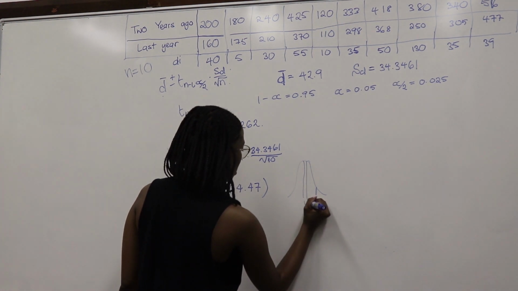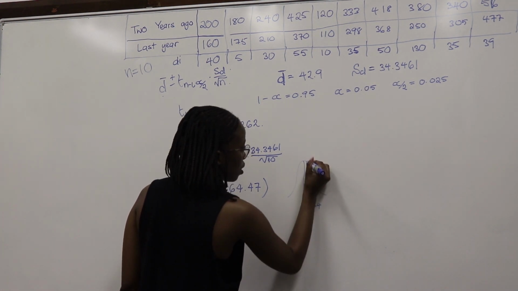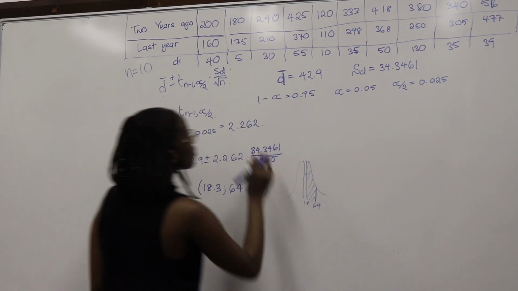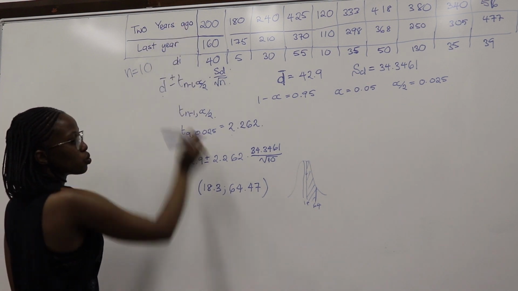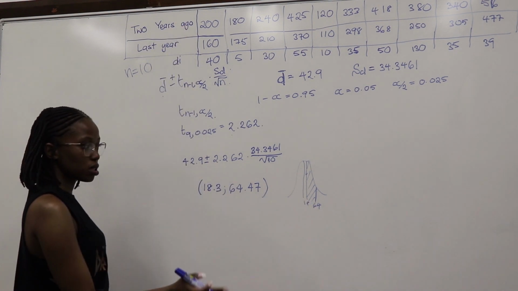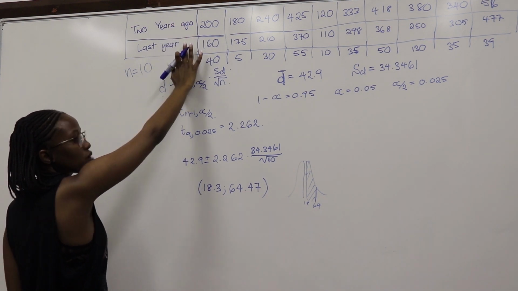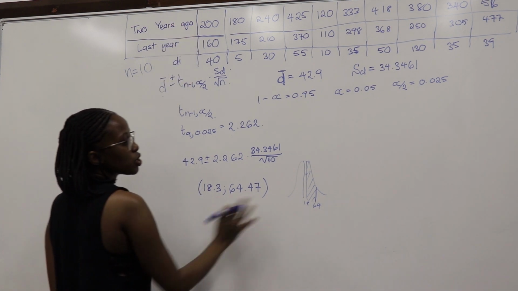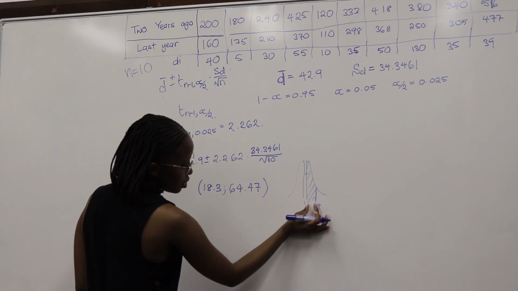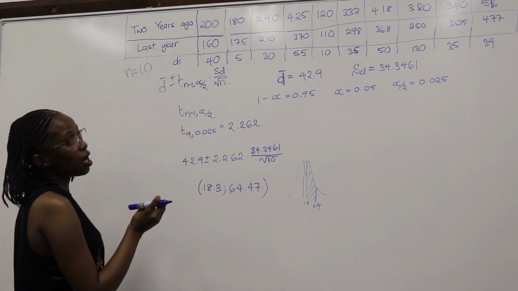So this would be our 18, this would be 64. The difference between these two will be somewhere in here, which means it's positive. That implies that the mu from here is greater than the mu from here. And since we don't have 0 in this interval, it implies that there is a difference.